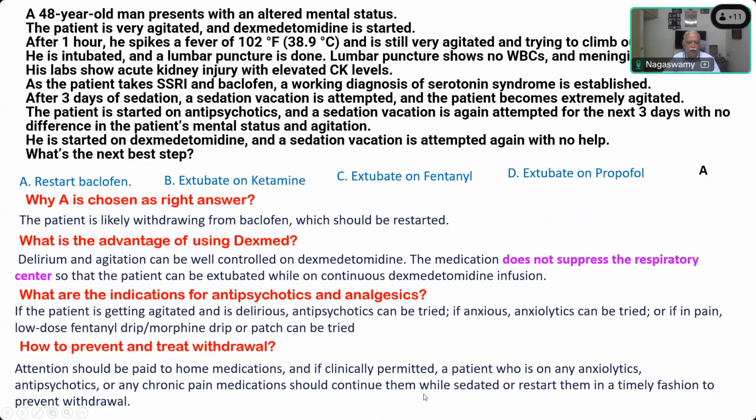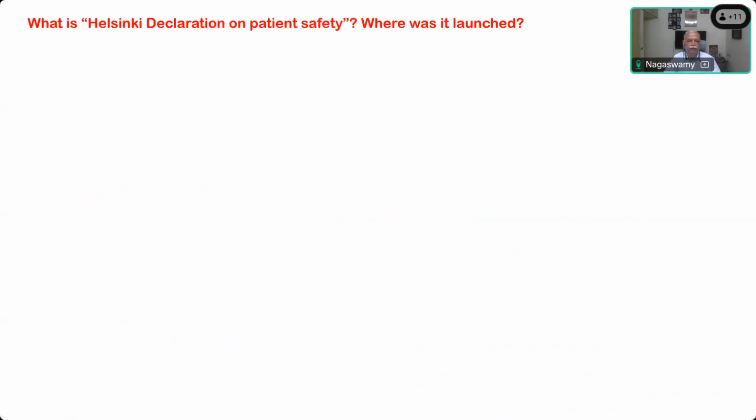That should be continued. Then it can prevent the withdrawal. Once the patient is sedated, you have to restart it in a timely fashion to prevent the withdrawal. So continuation of the home medications and restarting if it has been stopped are the two methods of managing the withdrawal syndrome.